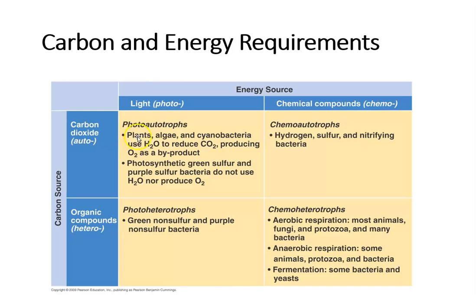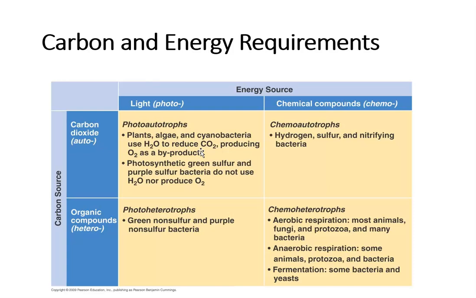So these are plants and algae and your cyanobacteria, blue-green algae. These bacteria use water to reduce carbon dioxide, and they produce oxygen as a byproduct. Your photosynthetic bacteria, there's a couple of them, the green sulfur bacteria and the purple sulfur bacteria, don't use water, nor do they produce oxygen, but they can photosynthesize.